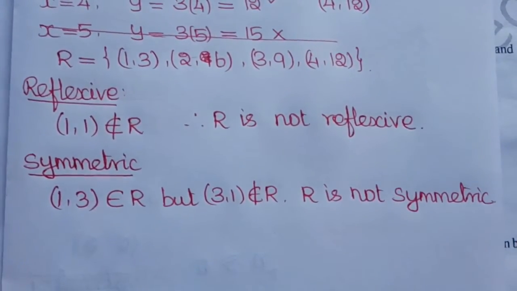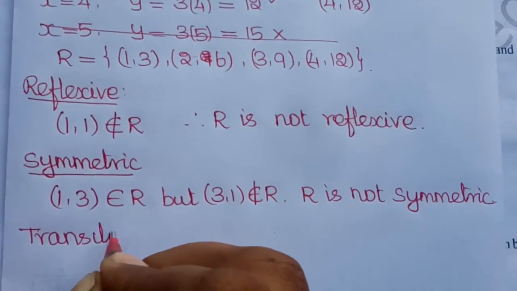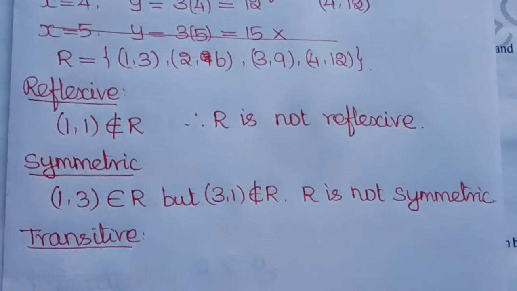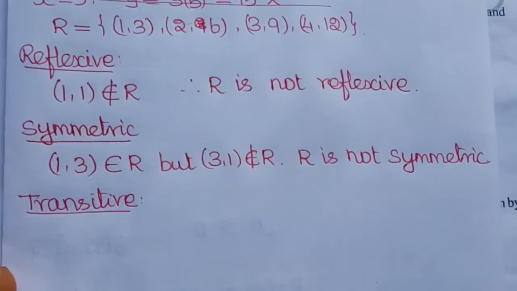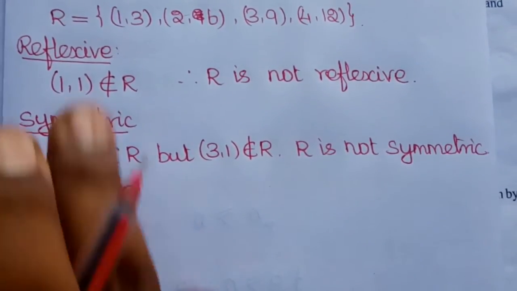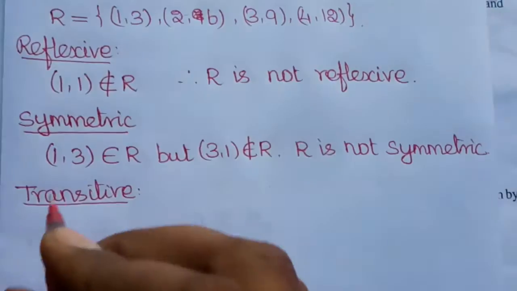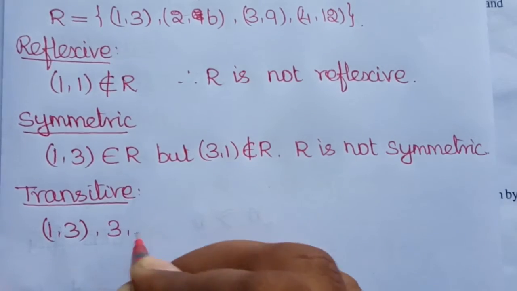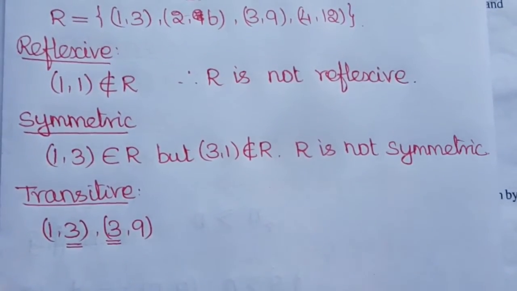Next one is the transitive condition. For the transitive condition, we need two elements of the form (a, b), (b, c). So we take (1, 3) and (3, 9). This one ends with 3, and this one starts with 3.